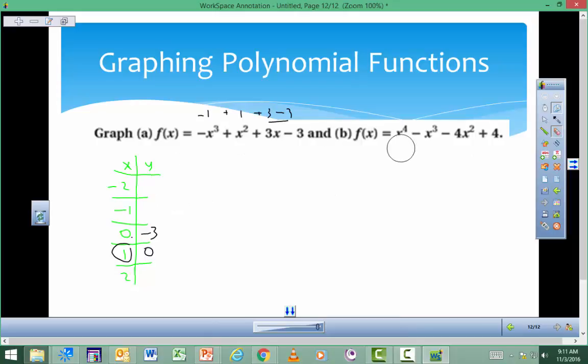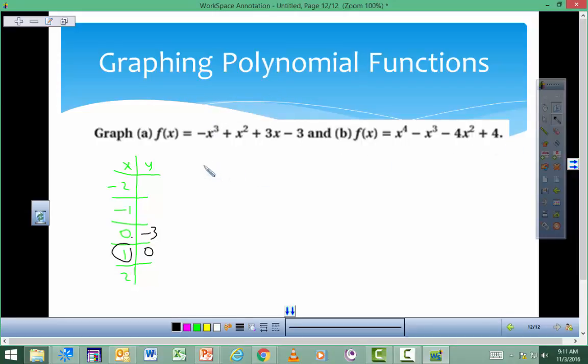Now, negative 1, I would admit, I would just do the direct substitution. Does that make sense? So for negative 1, okay, this is negative, but if I cube negative 1, I'm going to get a negative here. Negative 1 times negative 1 times negative 1 is a negative 1. And when I multiply it by that extra negative 1 there, it becomes a positive 1.